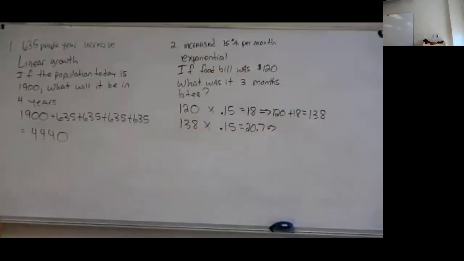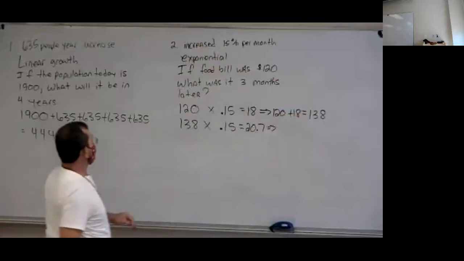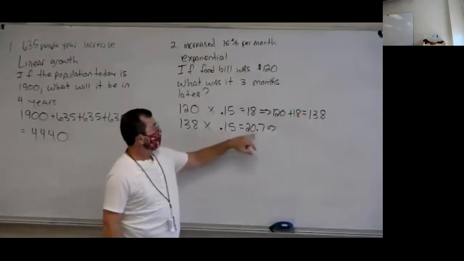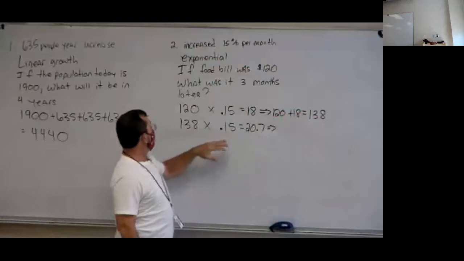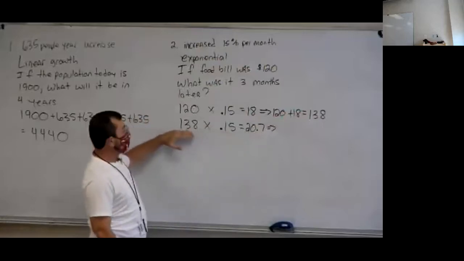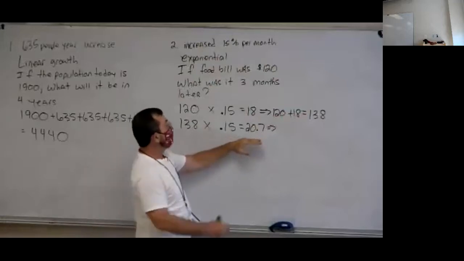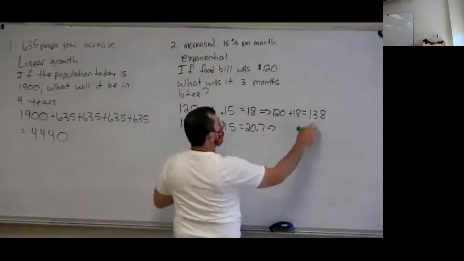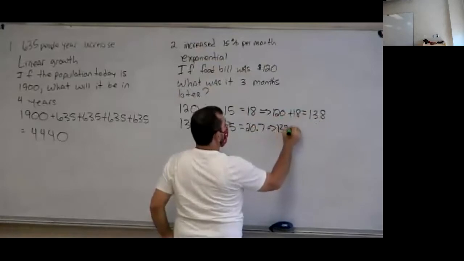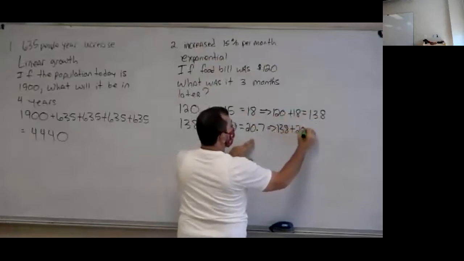So you added it on there? This 20.7? Yeah. So what I did is I took the 138, multiplied by 0.15, and that gave me 20.7. Now I'm going to take this 138 plus my 20.7.